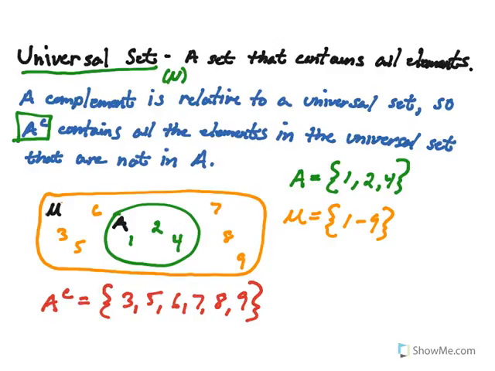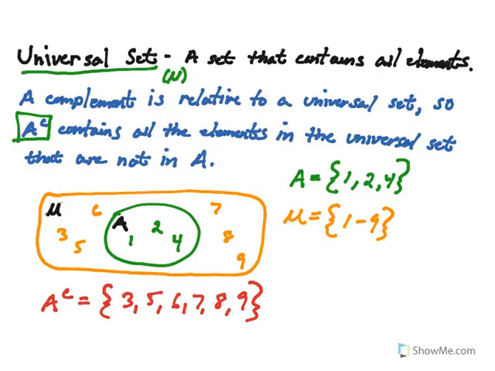The complement of A contains all the elements in the universal set, but are not in set A. And that is the notation you would write down: A superscript C equals, and then in braces, 3, 5, 6, 7, 8, 9. Just to recap what that meant.